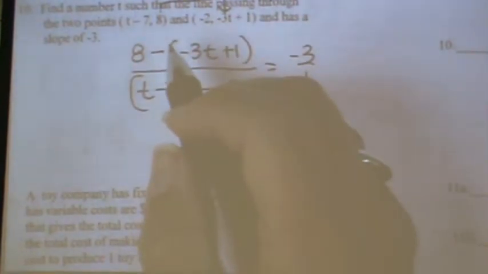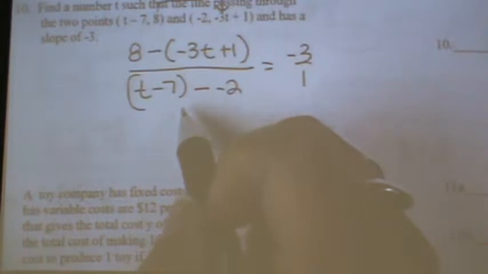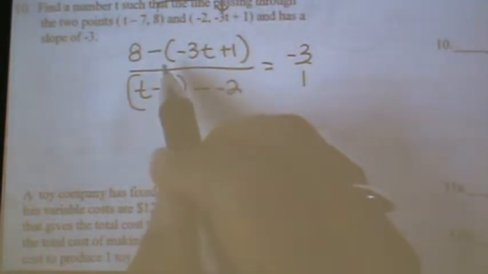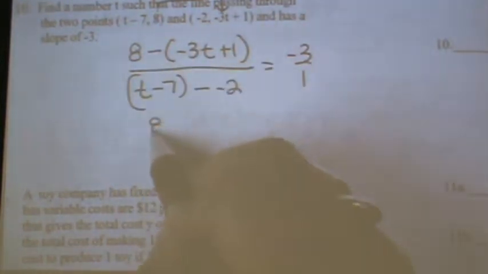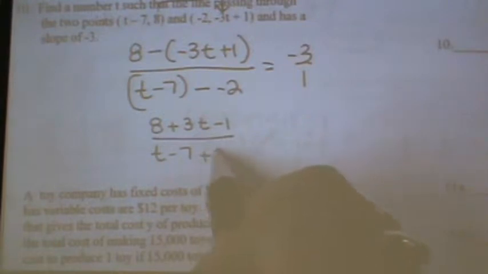Okay? So now clean this up. You have to distribute the negative. That's why you have to be a very strong math student. You have to be able to do these kinds of things very easily at this point. So you have 8 plus 3t minus 1 over t minus 7 plus 2.